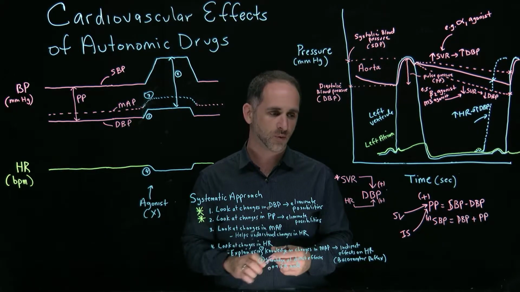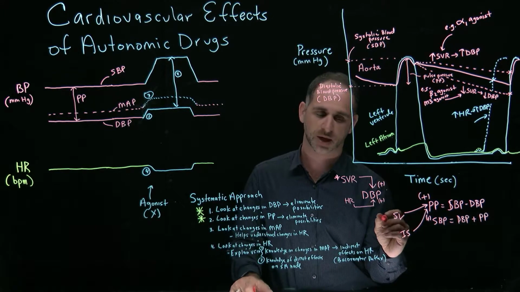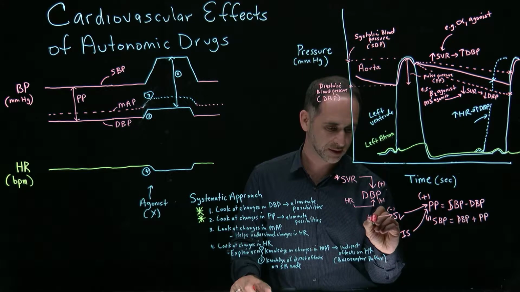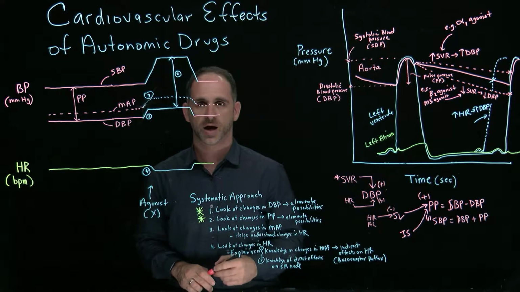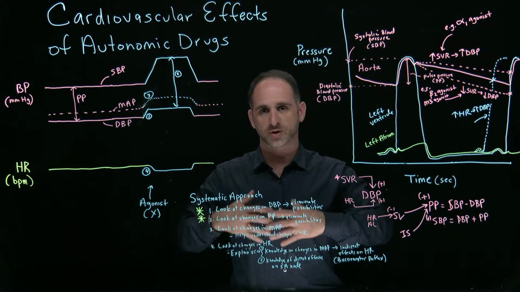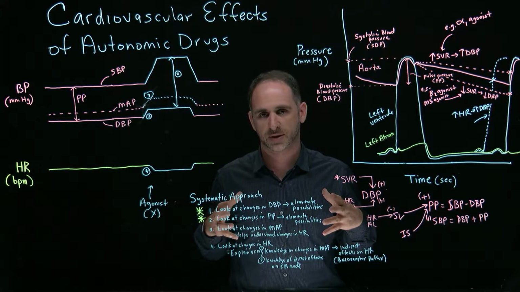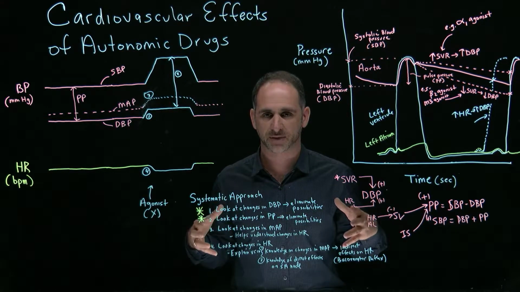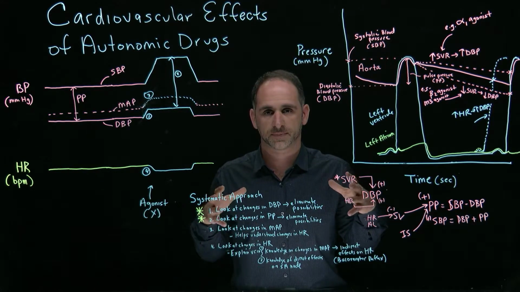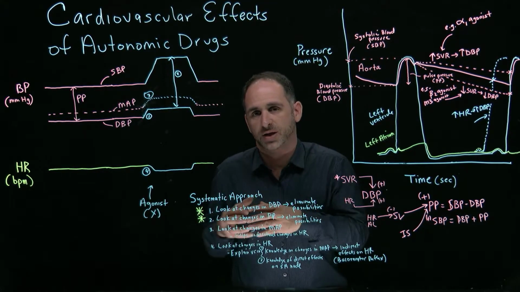So if you wanted to think about inputs onto stroke volume, okay, there are some negative inputs. This would be heart rate and afterload. And then on the positive side, preload, which is how stretched the ventricle is. So that's how much blood's coming back to the ventricle, and the more it stretches, right, the bigger the stroke volume. The less stretched, the less stroke volume.